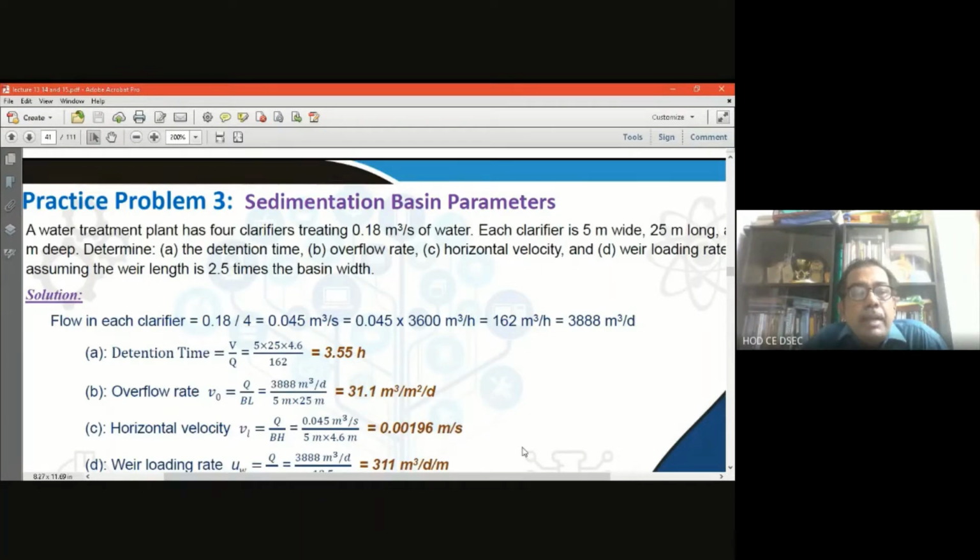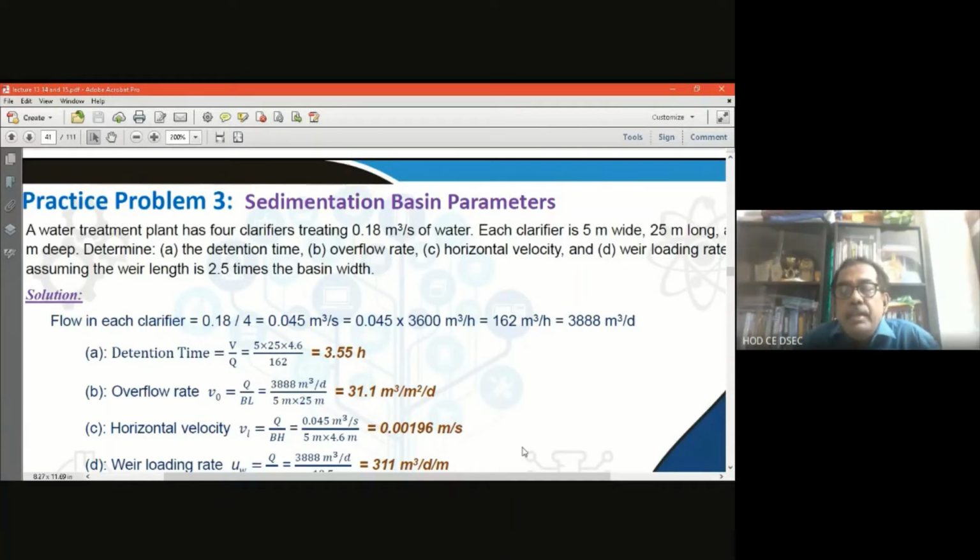A water treatment plant has 4 clarifiers. That means 4 units, 4 tanks are there, and the total flow is 0.18 meter cube per second. That means the 4 units are treating 0.18 meter cube per second of water. Each clarifier is 5 meter wide, 25 meter long, and 5 meter deep.